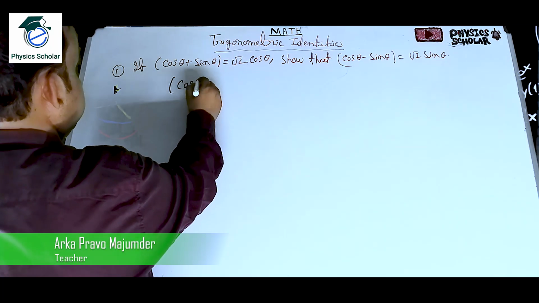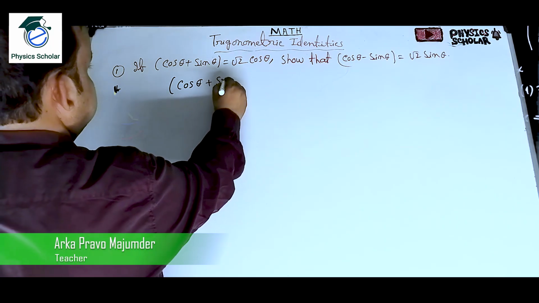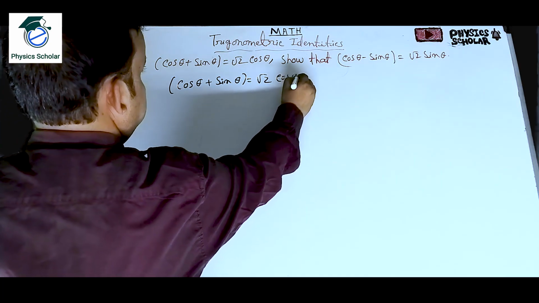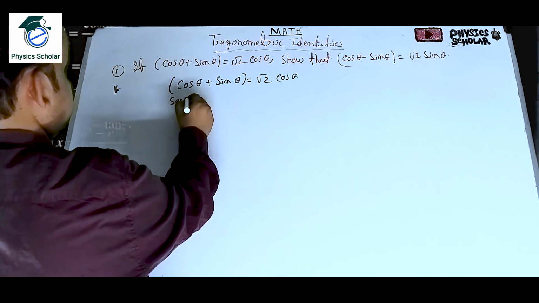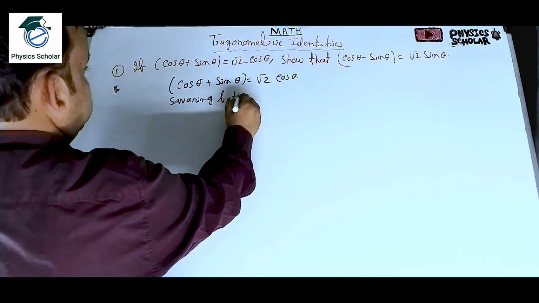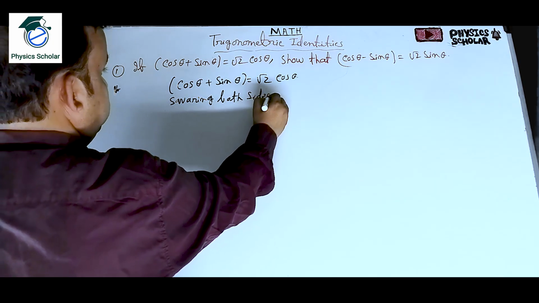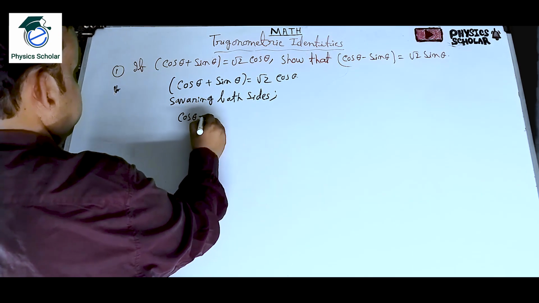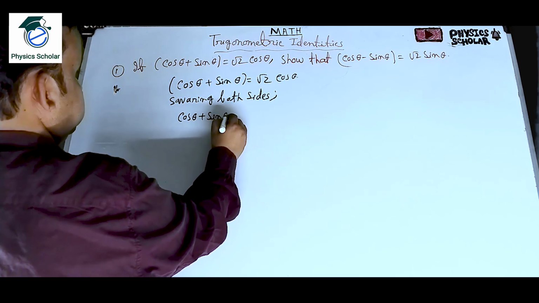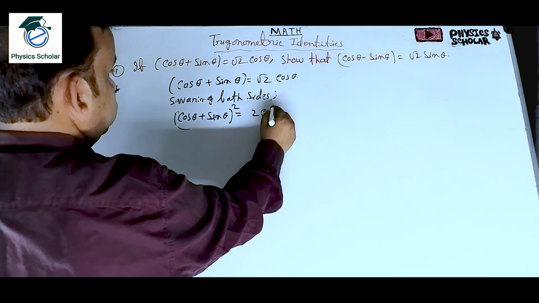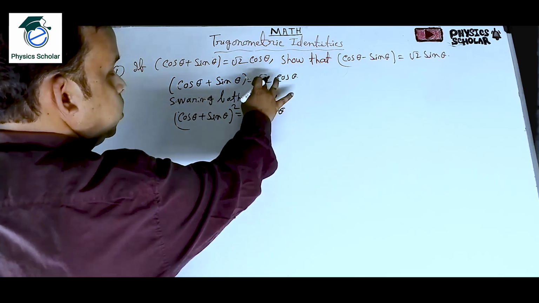What is given? Cos theta plus sin theta is equal to root 2 cos theta. Now squaring both sides. Cos theta plus sin theta whole square is equal to 2 cos square theta, since root 2 squared means 2.